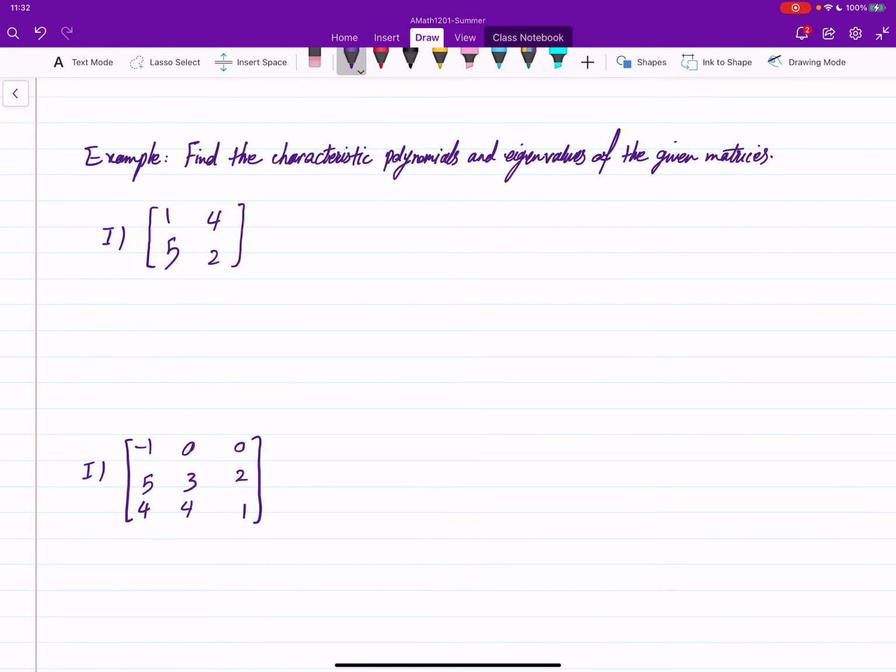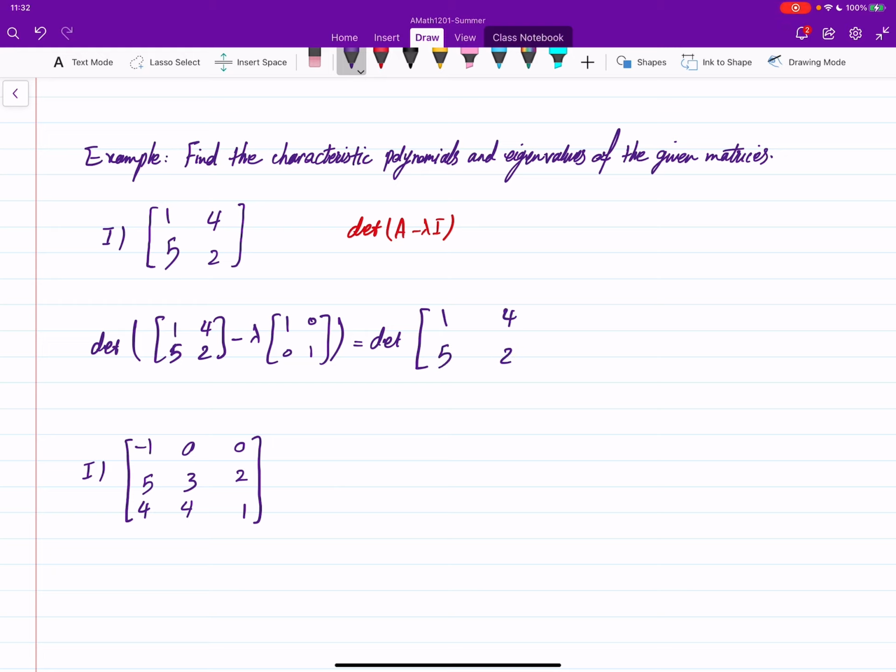Find the characteristic polynomial. Remember, what is the characteristic polynomial? The determinant of A minus lambda I. So in this case, this means the determinant of A, which is 1, 4, 5, 2, minus lambda I. Simply, you write the matrix and subtract lambda from the diagonal entries.